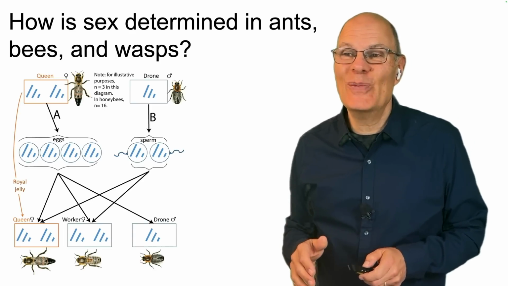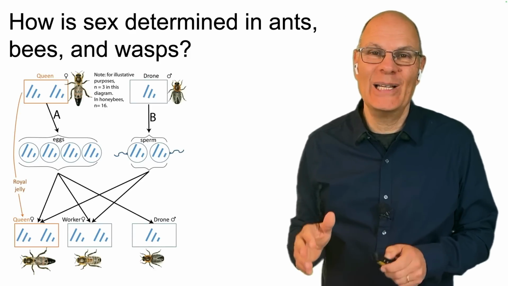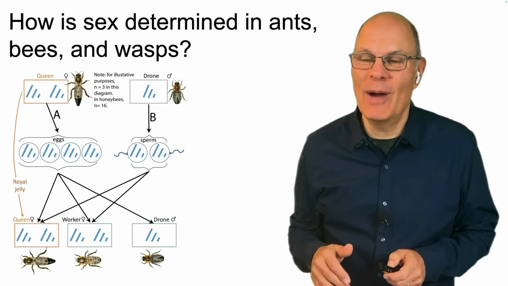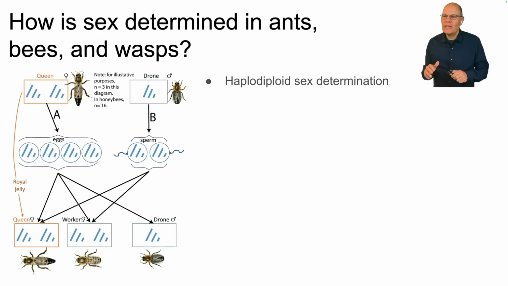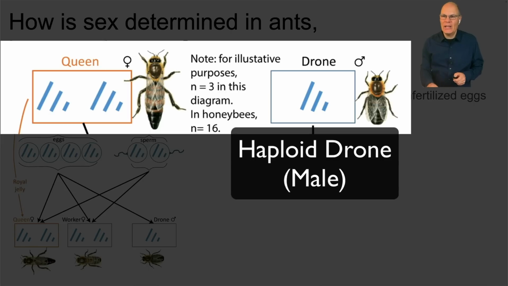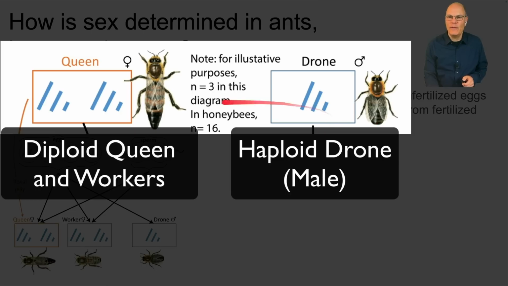How is sex determined in ants, bees, and wasps? This is completely mind-blowing. It's a system that's called haplodiploid sex determination, or haplodiploidy. The males are haploid. They develop from unfertilized eggs. So here's a male here, haploid. The females, which include the queen and all of the workers, are all diploid and they develop from fertilized eggs.